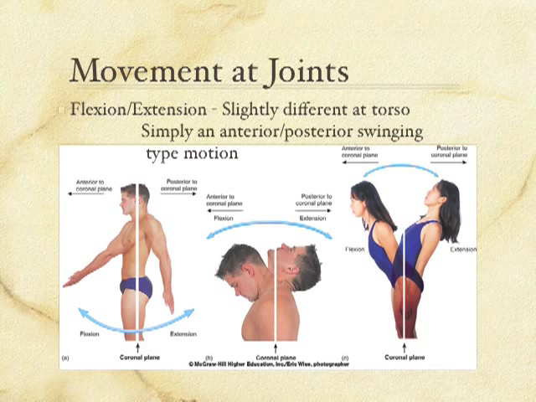And make sure you see the forward motion. If I move from here to here, what did I just do? Is that extension or flexion? Went from here to here.